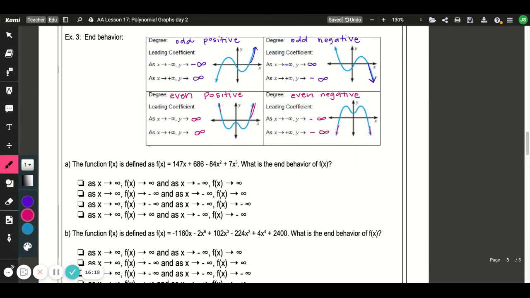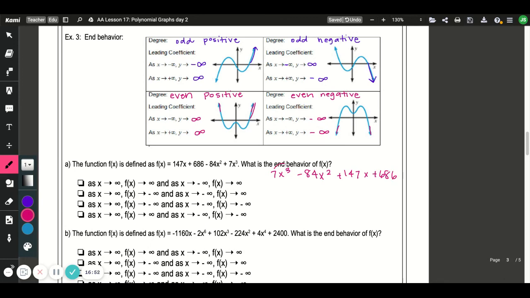So you're going to use this chart to answer our questions. But first, just like so many other times, you need to put it in standard form. You really only care about the first term, but we'll write it in standard form. 7x cubed minus 84x squared plus 147x plus 686.